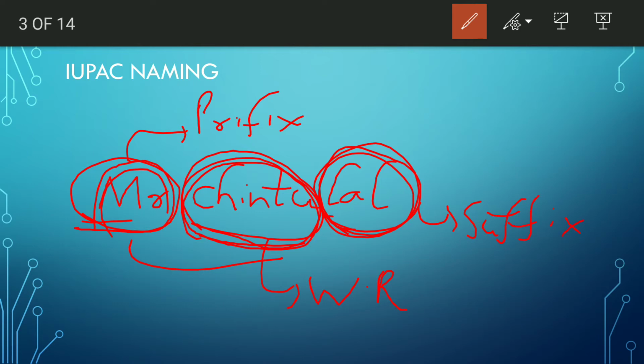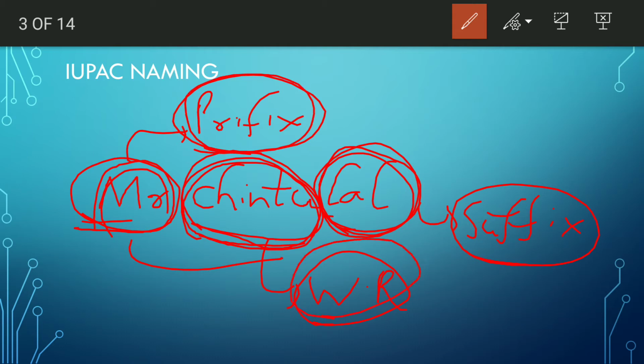Right? In the same way, we will find a prefix, a word root and a suffix in a name in organic chemistry. If you take any organic compound and you name that, then you will find a prefix, a word root and a suffix in that name.